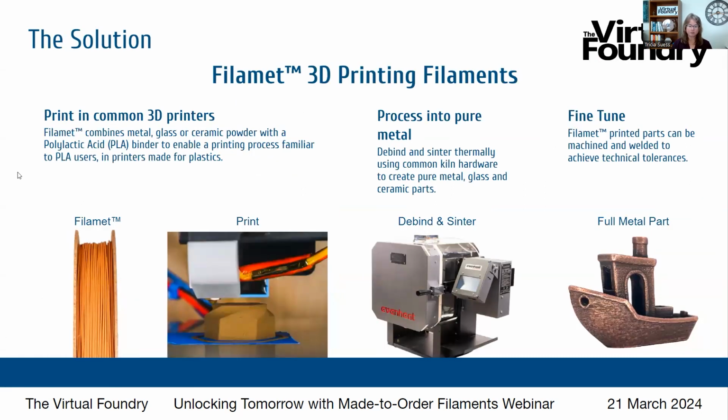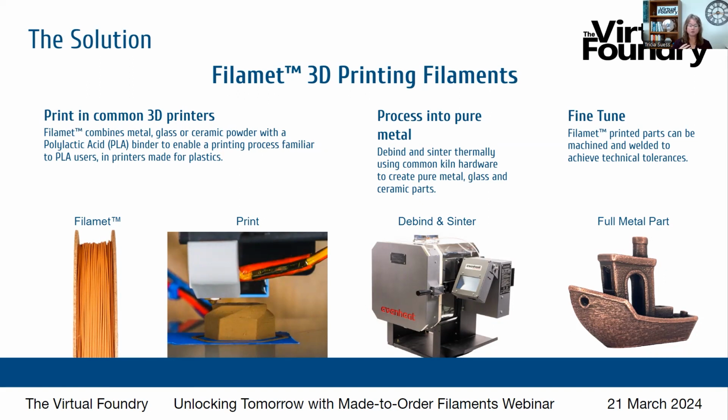So let's get right into it. We're going to first talk about the basics of filament, FFF metal with the Virtual Foundry's 3D printing filaments. So our filament materials are made in generally the same way.